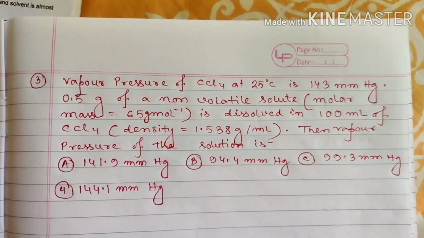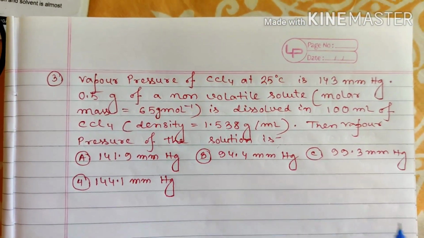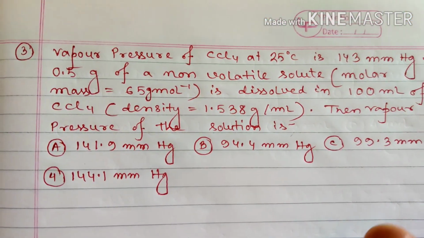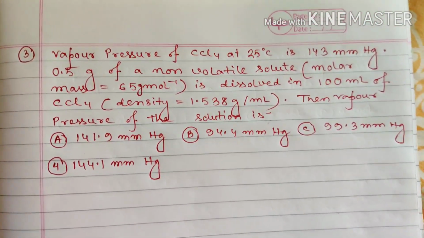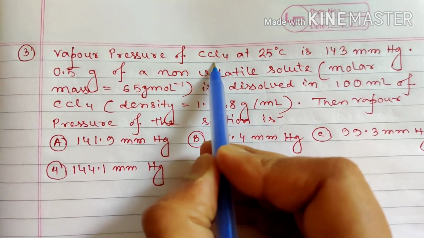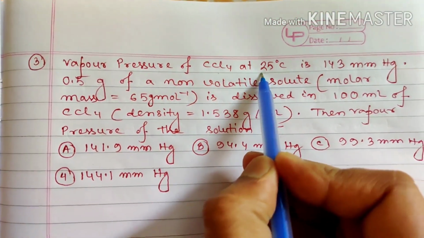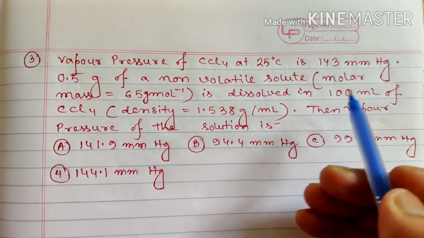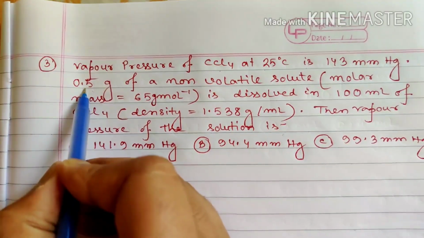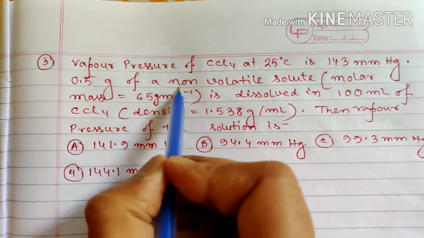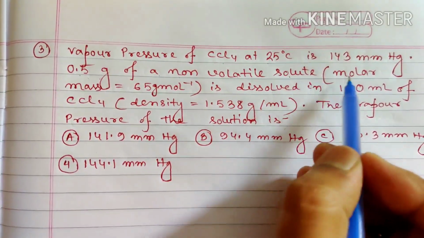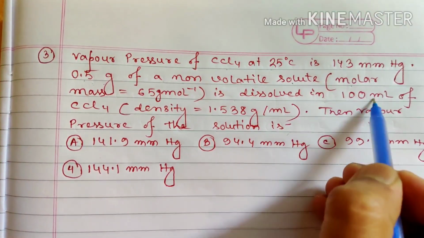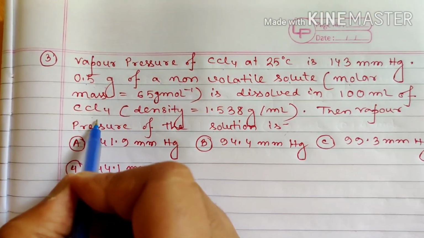Our third problem today is also related to the relative lowering of vapor pressure. Here, the question is: the vapor pressure of carbon tetrachloride at 25 degrees Celsius is 143 mm of mercury. 0.5 gram of a non-volatile solute whose molar mass is given as 65 gram per mole is dissolved in 100 ml of CCl4.